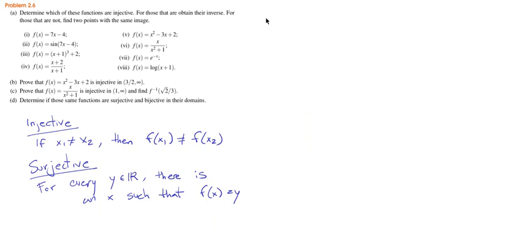Okay, so 4. f of x is (x plus 2) over (x plus 1). And again, we want to find an expression for the inverse. So what we're going to do is multiply this by x plus 1.